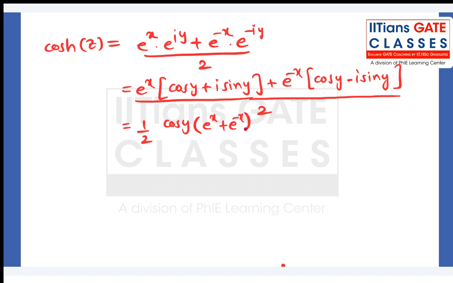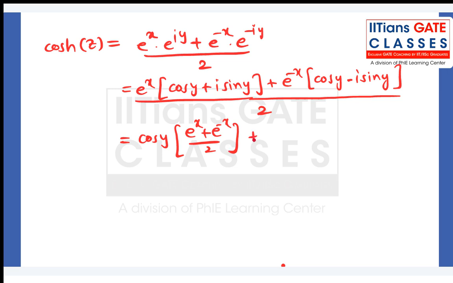Maybe I should write it slightly down, otherwise it will be confusing. So let's take cos y terms, e to the power x plus e to the power minus x by 2. And then let me take i sin y terms here, so you have e to the power x minus e to the power minus x by 2.